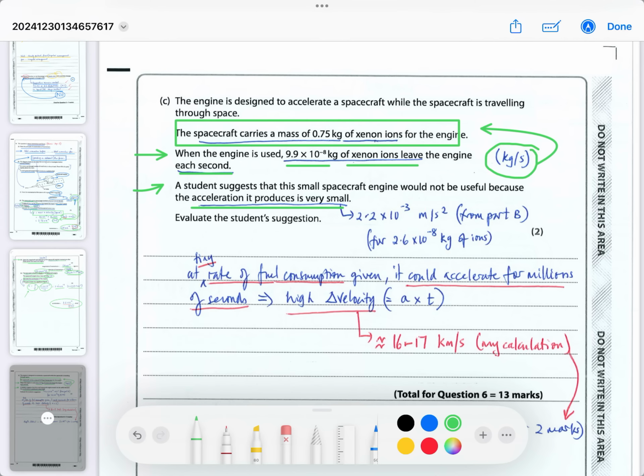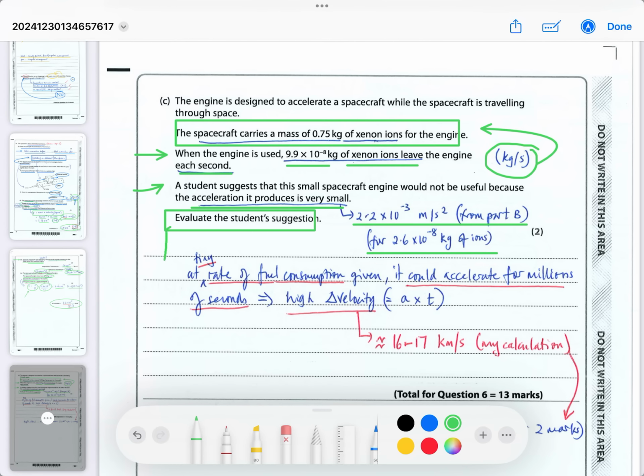The acceleration from part B was 2.2 times 10 to the minus 3 meters per second squared, and that was for 2.6 times 10 to the minus 8 kilograms of ions. When that much ions were ejected, it produced this small acceleration. But your job is to evaluate the student's suggestion, and we'll look at the mark scheme after this.